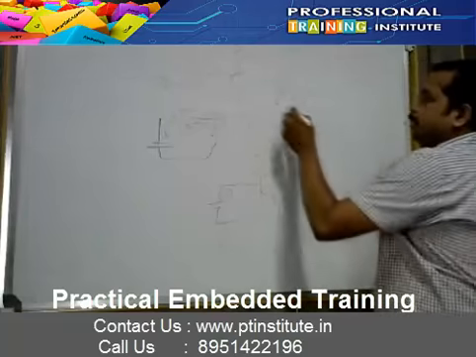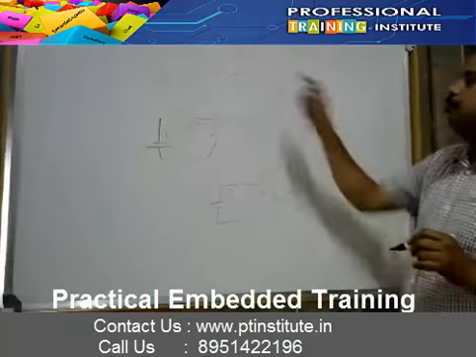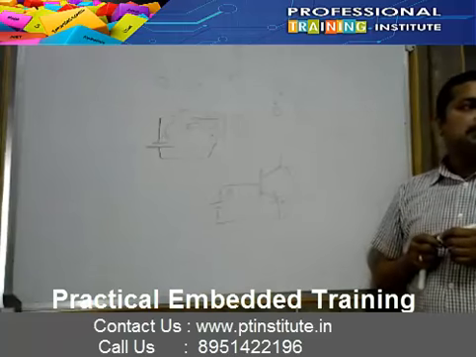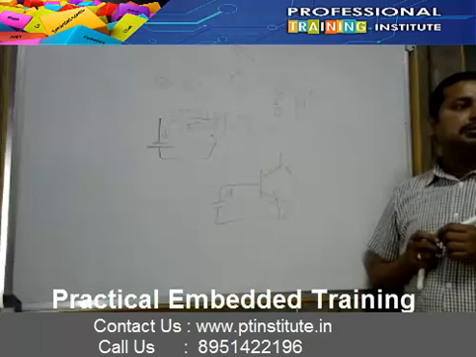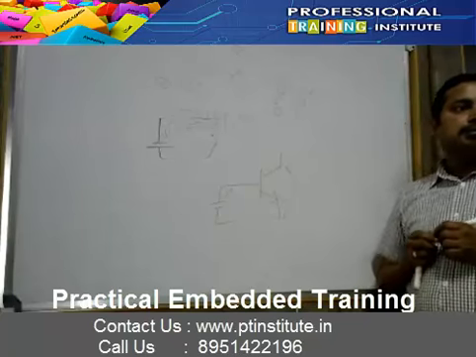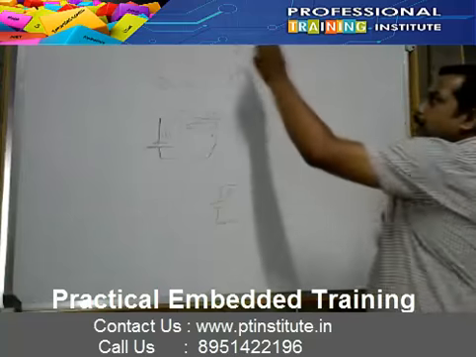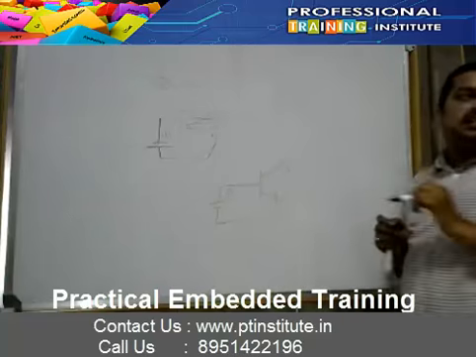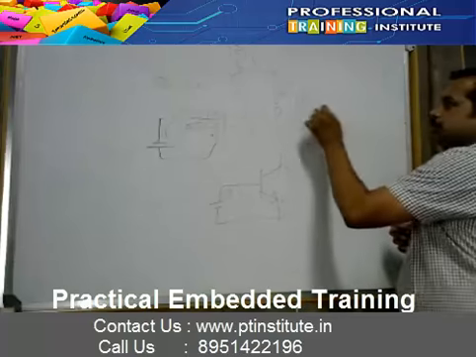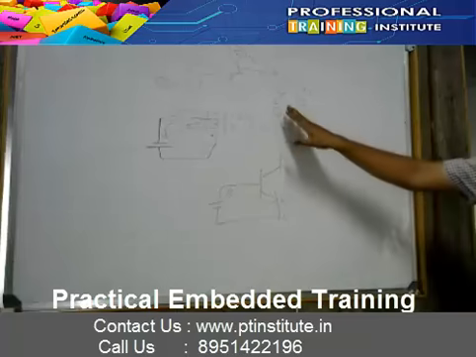No. So when I give input 0, what output will I get? 5 volt. Why? Because there is no path. We will get the output like this. Any doubt in this? So you see what magic here?